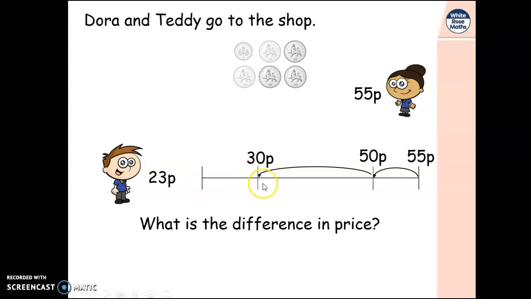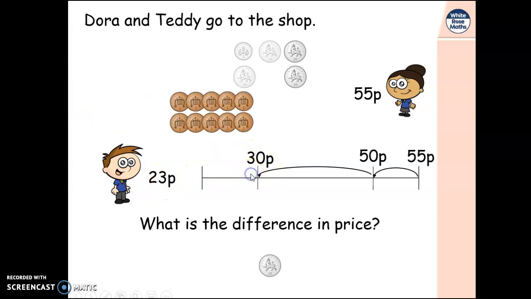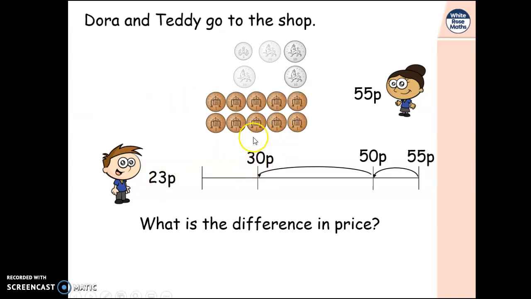So then we need to think, right, 23 to make 10 is 7. So I'll take those away. So we've got 5, 20, and then 7 equals 32.